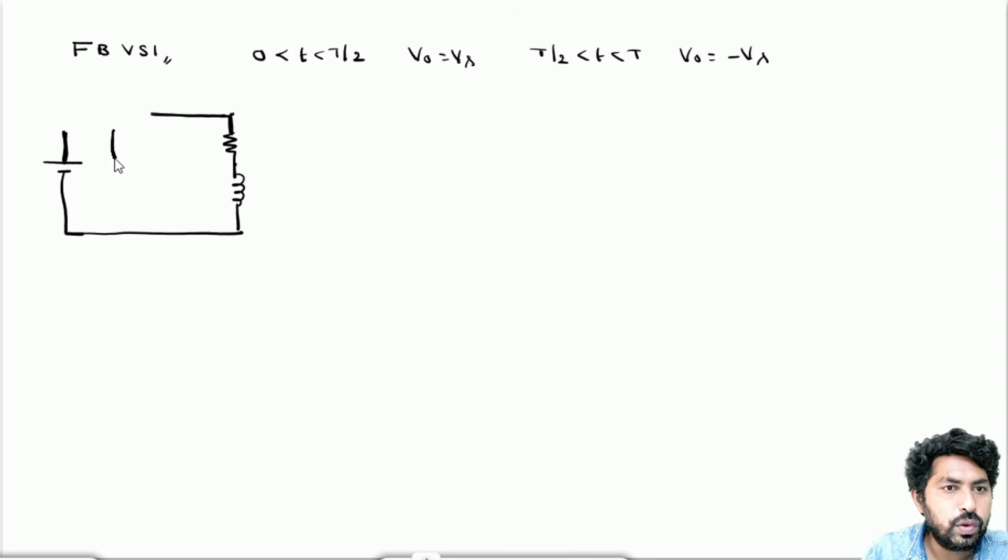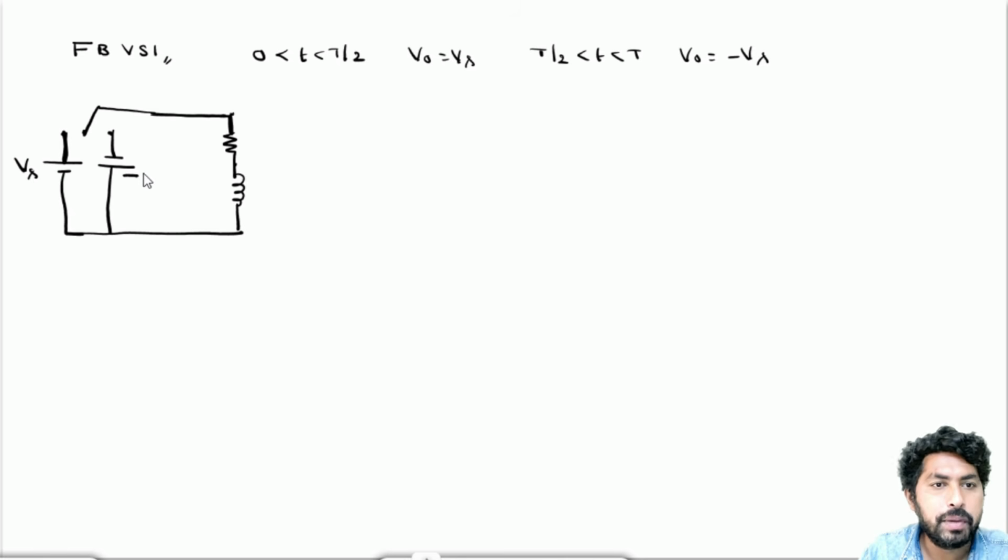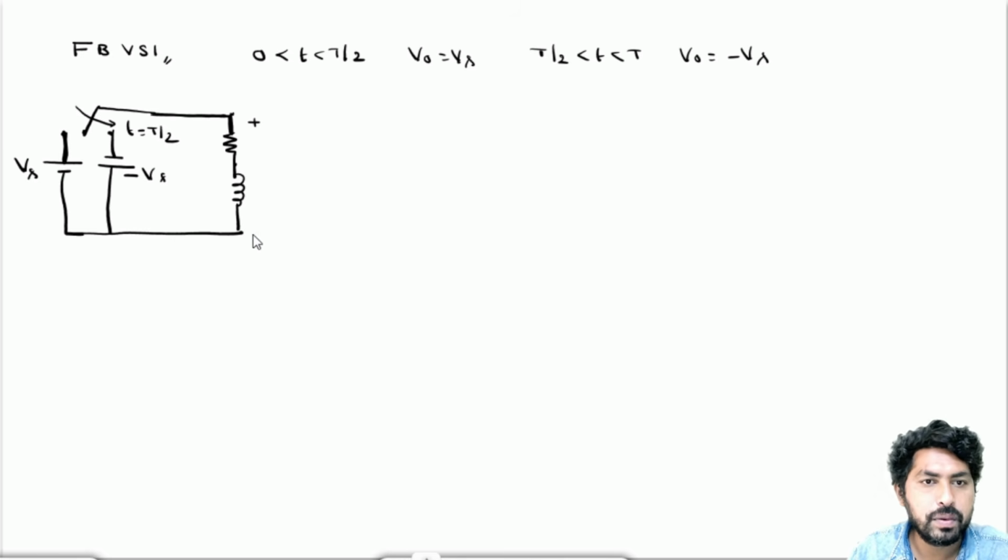It will be like this, so it will be Vs, and here it will be minus Vs. At t equals T by 2, it is switched to minus Vs. So here it will be V naught.